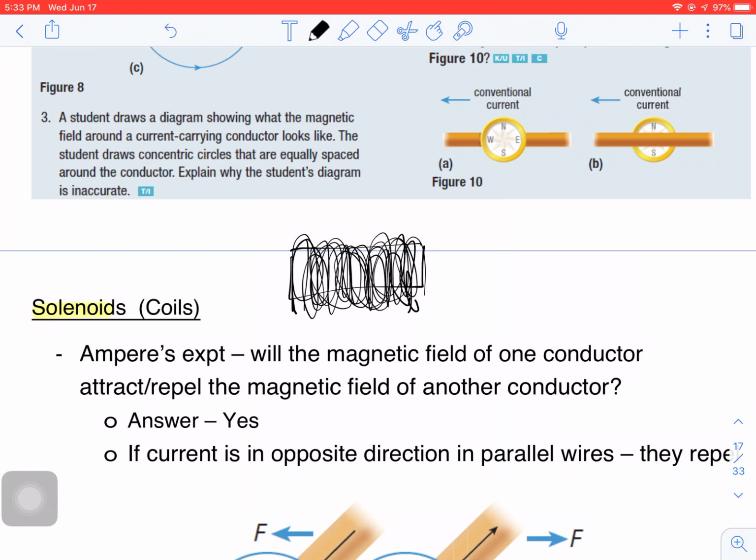You've got several hundred meters of the string wrapped around itself. If I replace the string with a conductor like copper wire, this isn't just a spool of string now, it becomes what we call a coil or a solenoid.